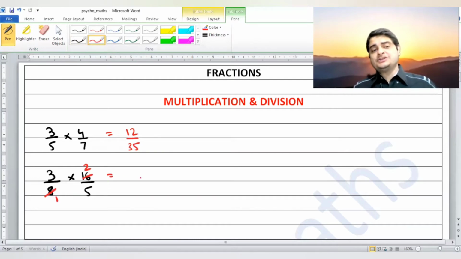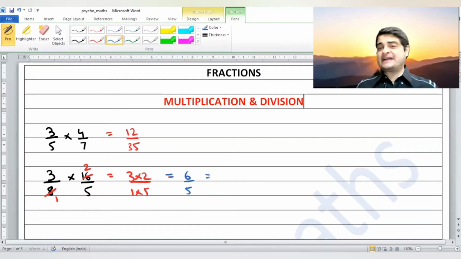So what we need to do over here is 8 ones are 8, 8 twos are 16, we have already reduced it. So now it is basically 3 into 2 and 1 into 5. Check the outcome. It is 6 upon 5. Now students, this is an improper fraction, and when it is an improper fraction, we need to convert it into a mixed fraction.